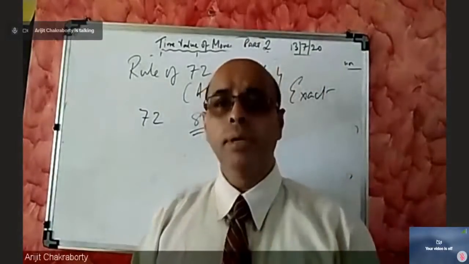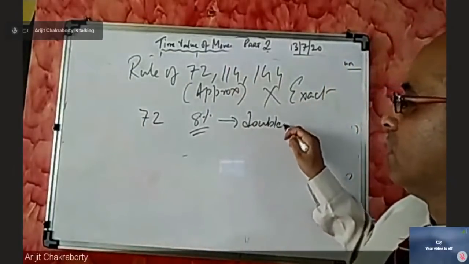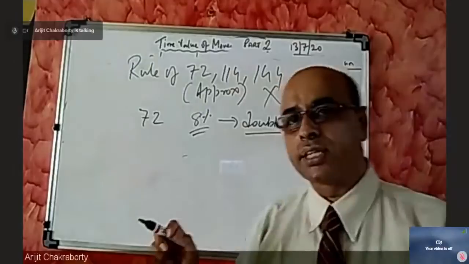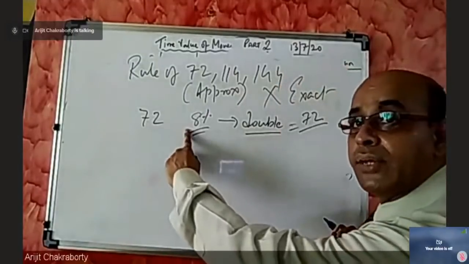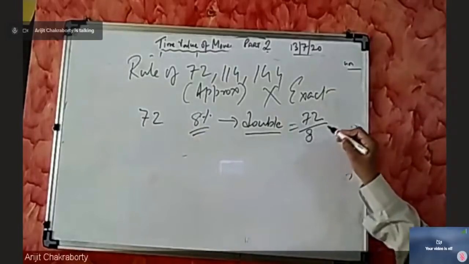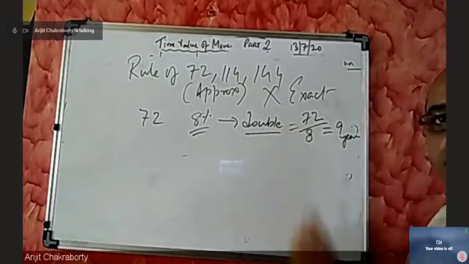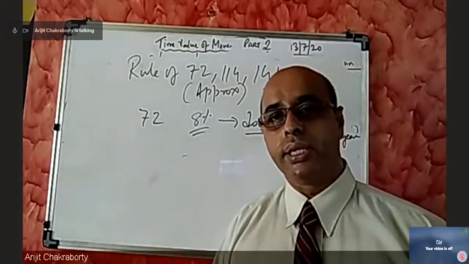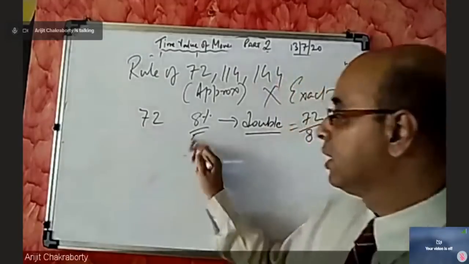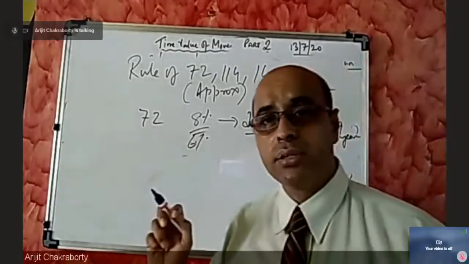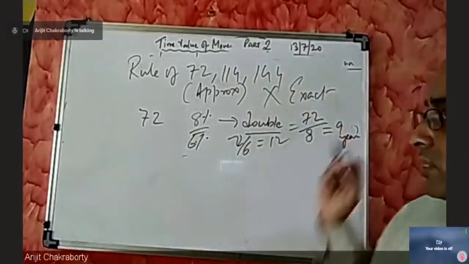You want to double your investment. To double your investment, the rule is very simple: 72 divided by the interest percentage. So it is 72 by 8, where 8 is the interest rate, which means 9 years. If the interest rate is 6%, how many years will you take to double the investment? 72 by 6, that is 12 years.